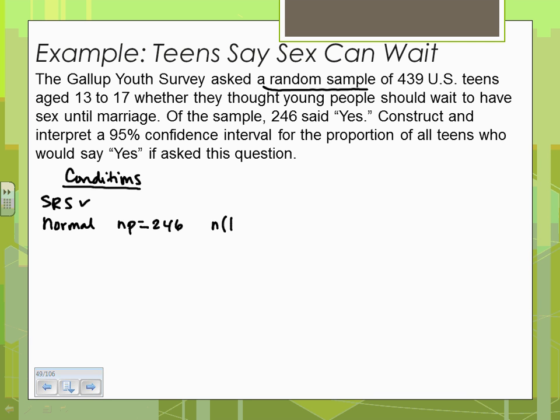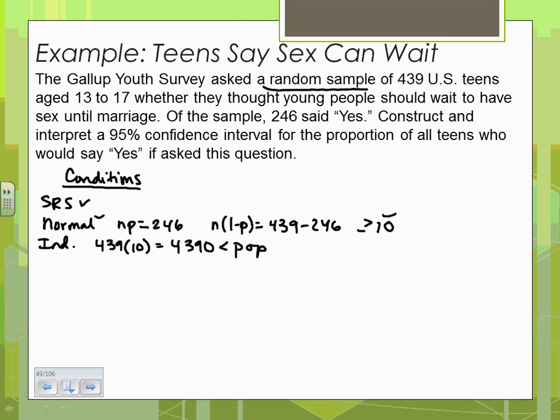So n times 1 minus p is going to be 439 minus 246, and both of those are greater than or equal to 10. So we're good, it is normal. And is it independent? So let's see, I had a sample of 439 times 10. And I think that the population of US teens is definitely greater than 4,390. So our conditions are met.